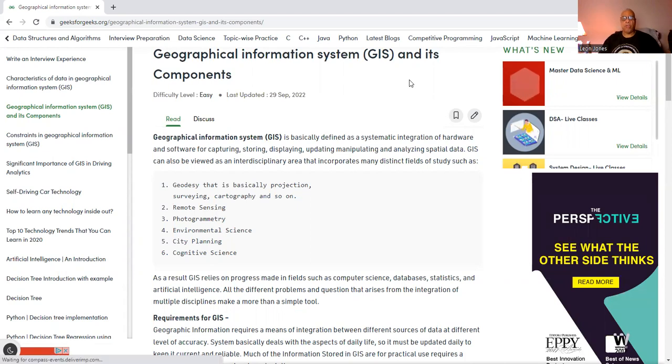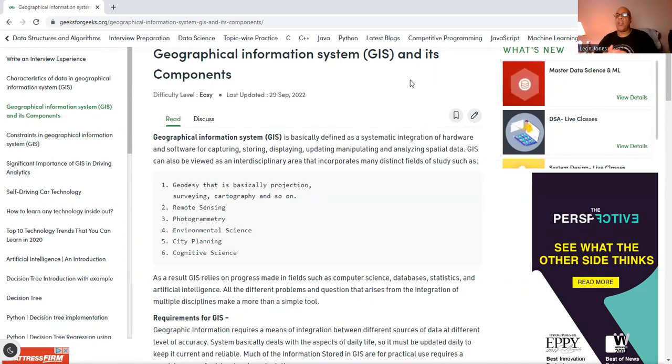Geo is the earth. So when we talk about an information system from a geographical standpoint, we're basically dealing with a systematic integration of hardware and software, and that is basically used for storing, displaying, updating, manipulating, and of course, analyzing spatial data.